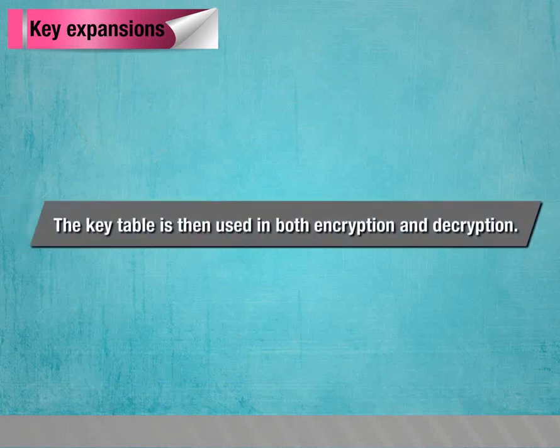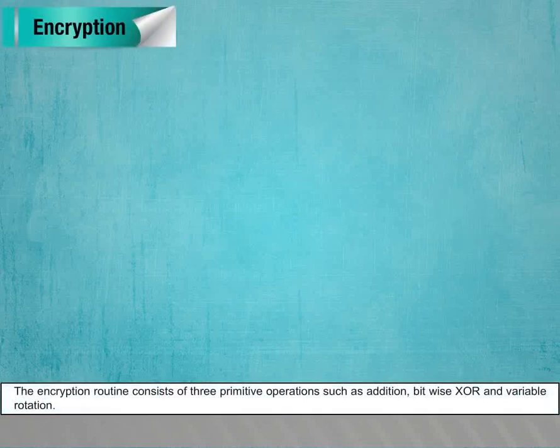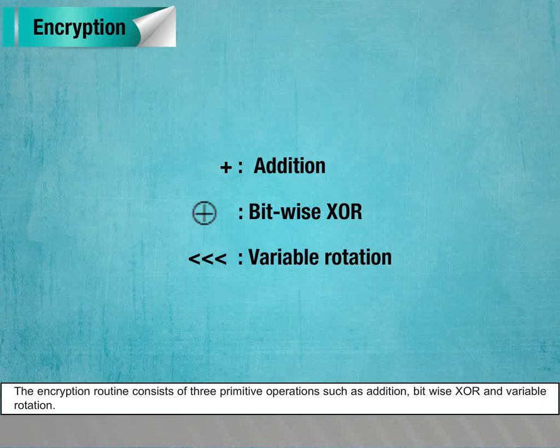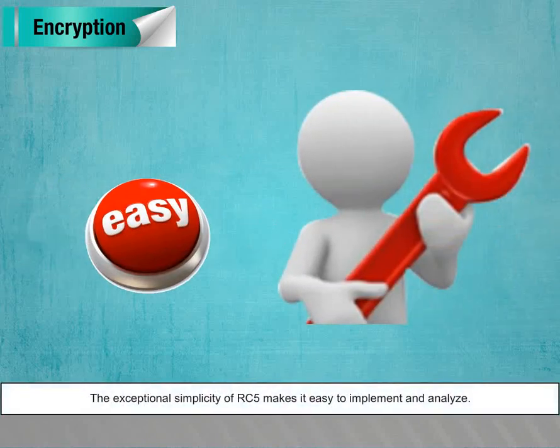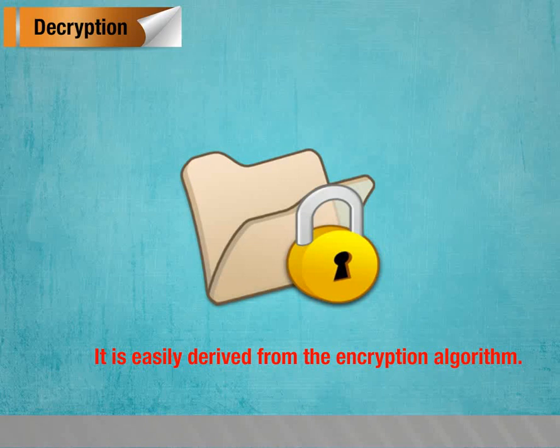The key table is then used in both encryption and decryption. The encryption routine consists of 3 primitive operations: addition, bitwise XOR, and variable rotation. The exceptional simplicity of RC5 makes it easy to implement and analyze. Decryption is easily derived from the encryption algorithm.